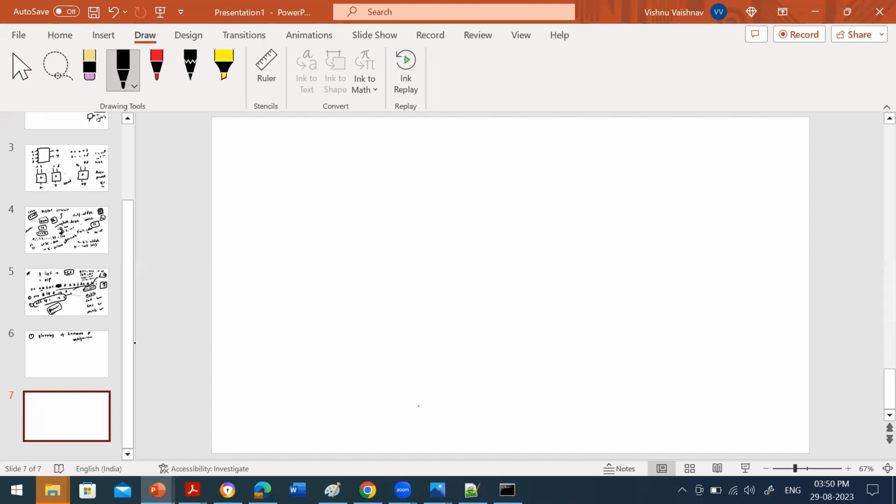Let me take the second thing. Let's say I have one code. Don't worry, we are not discussing any code here. It's just a small example which everybody can understand. Let's say I have a small code. I'll explain what this code is.